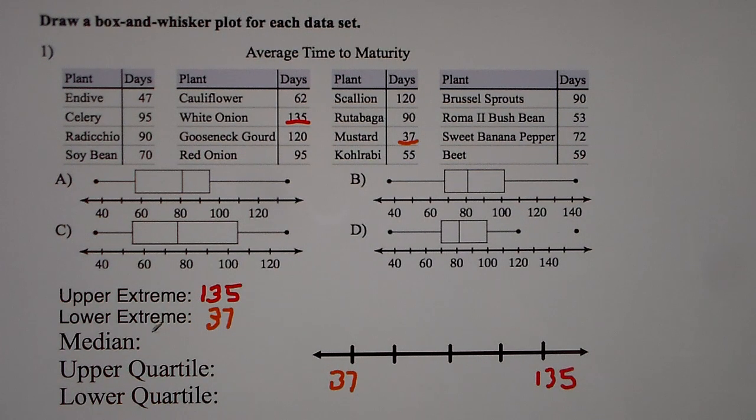The median is the one that's in the middle. So what we have to do is list them from least to greatest and count inwards, just like we did with the median. Or I'm sorry, it is the median, so it's the same thing. So we do 37. That's the smallest. After 37 is 47. Then we got a 53, and a 55.